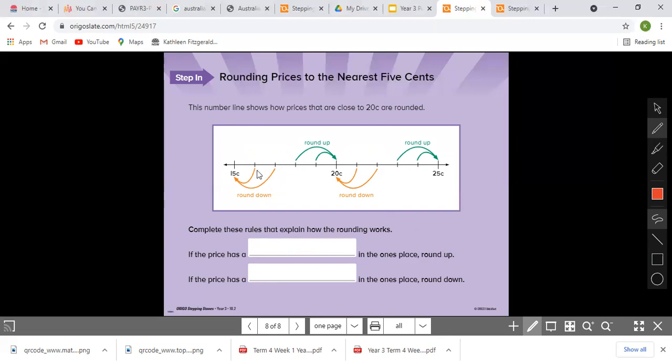To round it down, we will round it down if it has a 6 or a 7 or a 1 or a 2 in the ones place. Okay, this is quite a handy diagram. So if you get stuck later on in your work, come back to this one. You could even write the numbers in here in between to remind you, like I did on the last one.